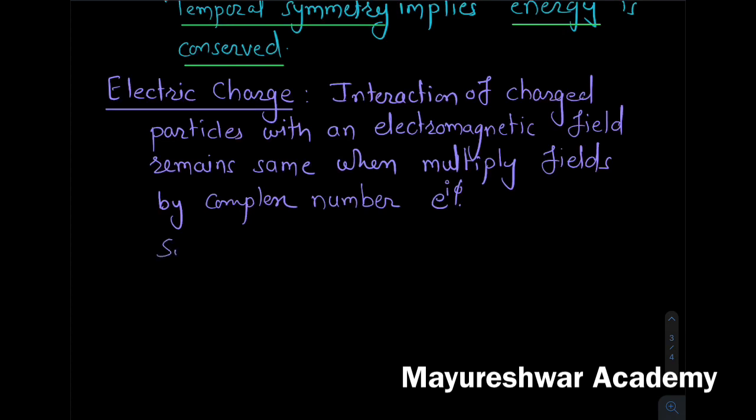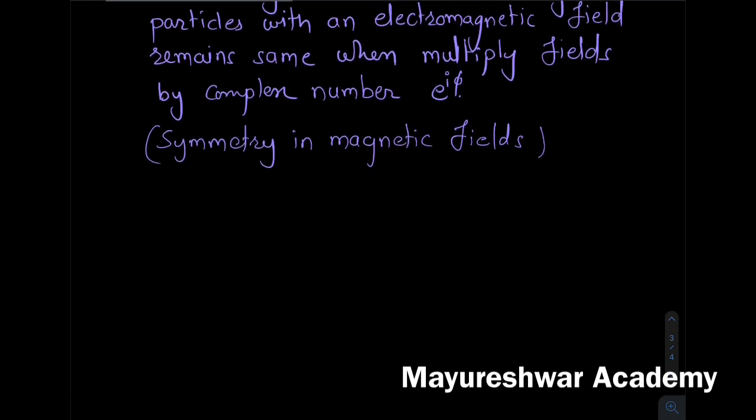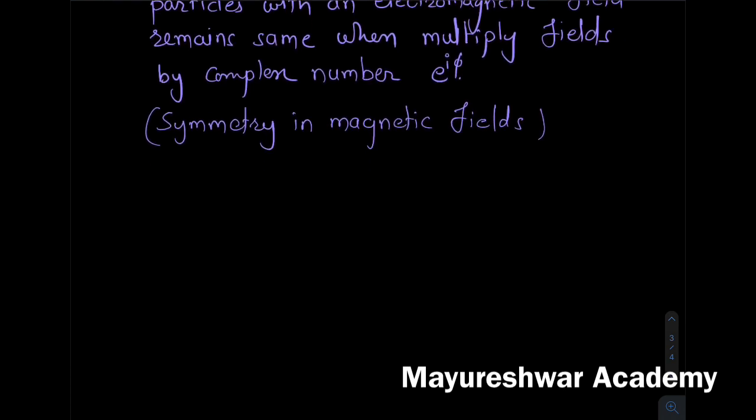Phi is the electrostatic potential in this case, which signifies symmetry in the fields. That is what it is according to Noether's theorem.